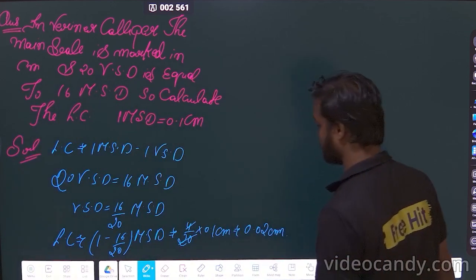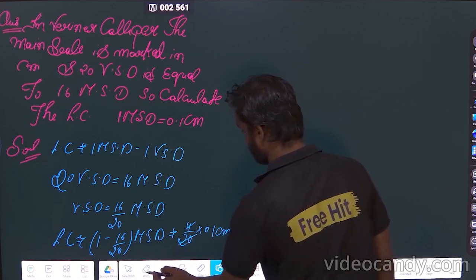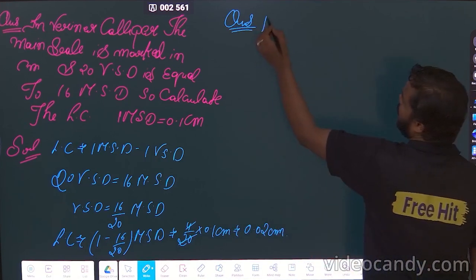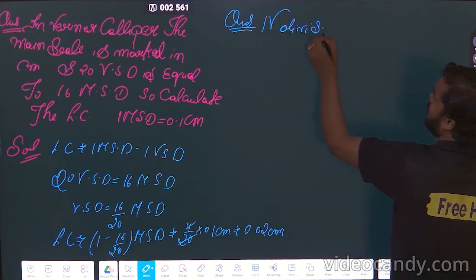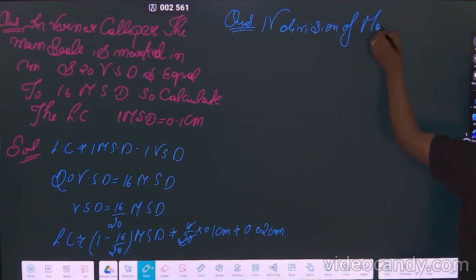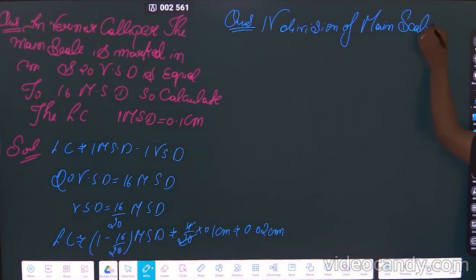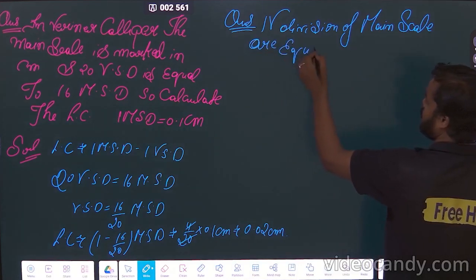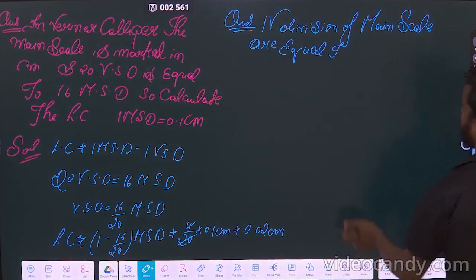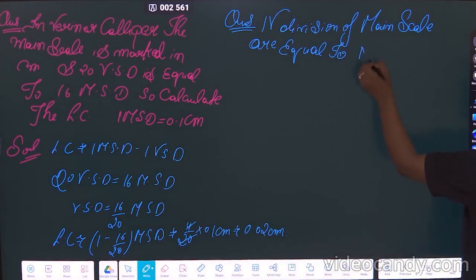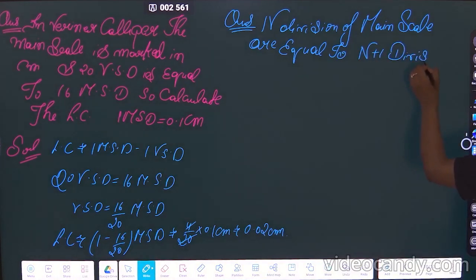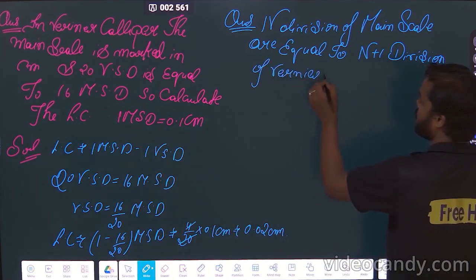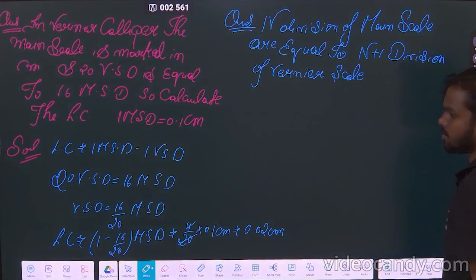Okay, let's take one more example. It is given that n divisions on the main scale are equal to n plus 1 divisions of the vernier scale.